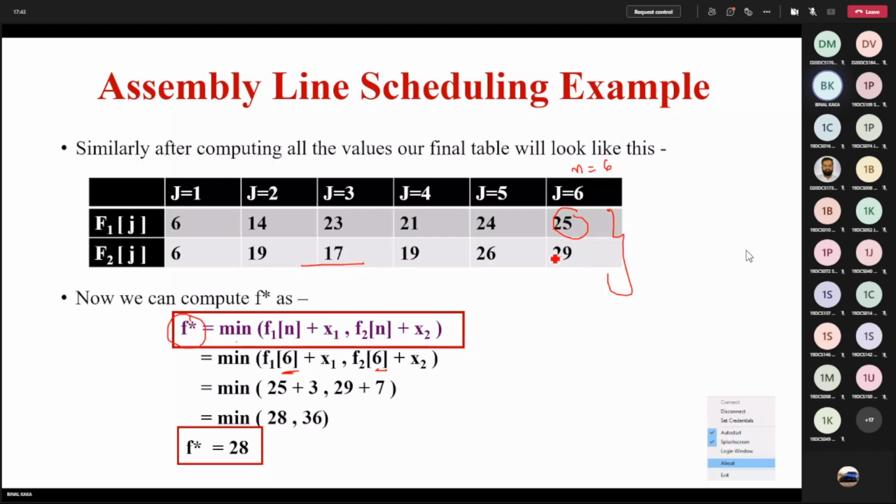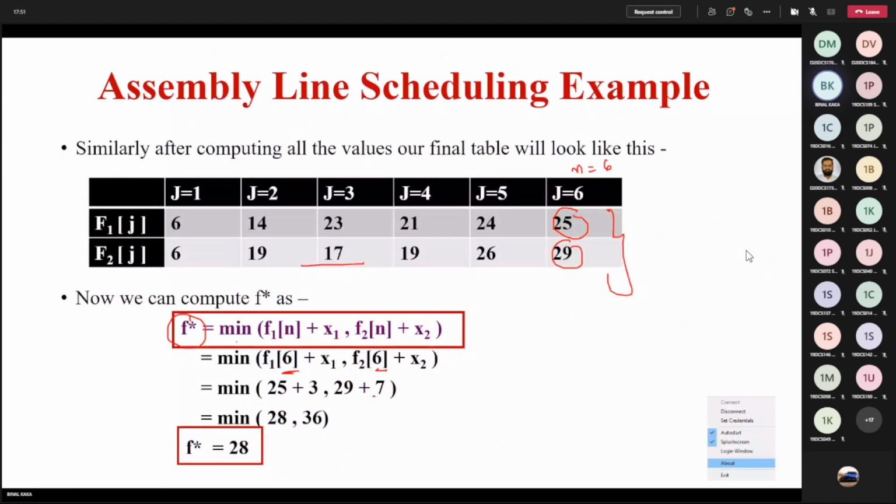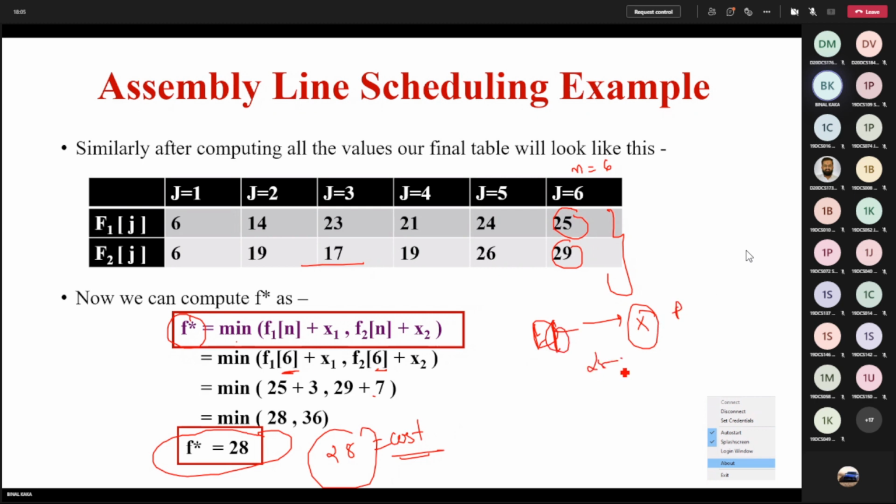What is f of 2 6? 29. What is x2? x2 is 7. So what is the minimum path for reaching? We required 28 cost. We got the cost from the location 1 to the exit point, from one location to the destination we require the 28 cost.